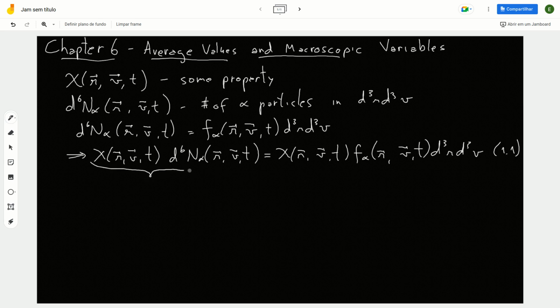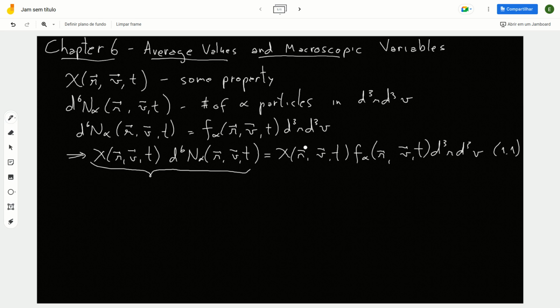This quantity here now is the total value of chi for all alpha particles in the volume, right? So I have the number of particles times this quantity, so I have the whole total value of chi for the element. The value of chi in the d3r independently of v is the integral of the right hand side.